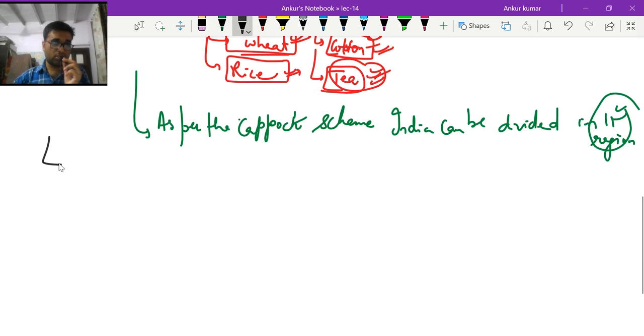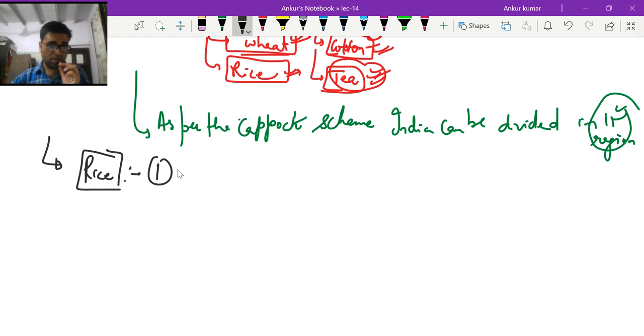Now the first agricultural region is the rice growing regions, where rice is the primary crop. As we know, rice is the major staple crop in India. The first are the monoculture regions, where the monoculture of rice is prevalent.